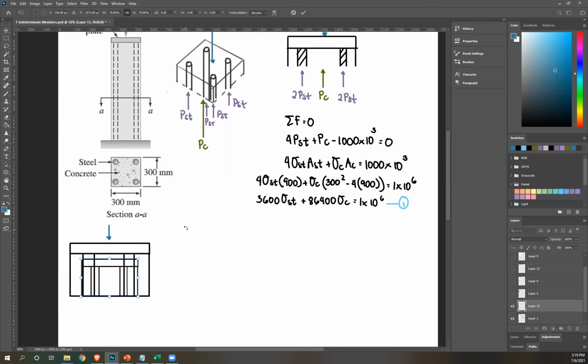So it's gonna deform this way. So this is now the final position. Let me just get a new color.